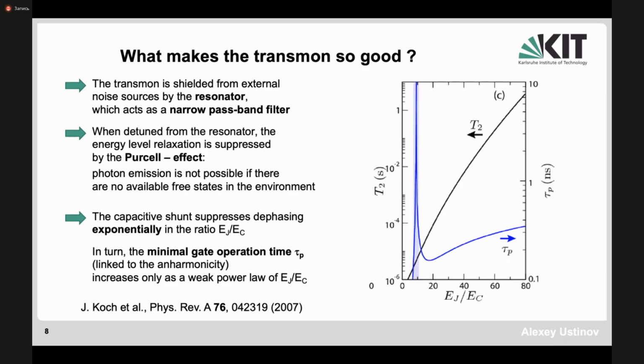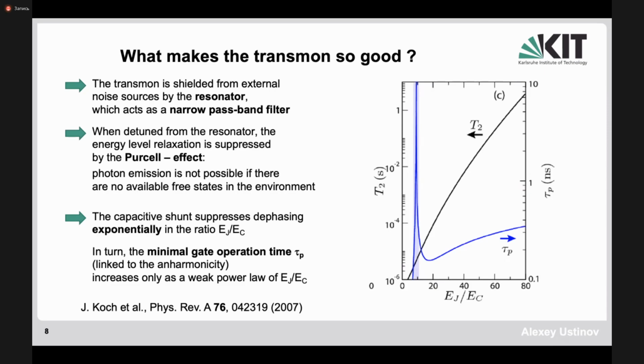So it's coupled to the resonator, and this resonator acts as a narrow passband filter shifted away from the frequency of the qubit. Therefore, when the qubit is detuned, the energy relaxation in the qubit is suppressed by the Purcell effect.